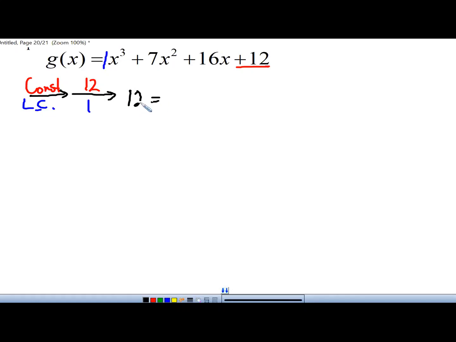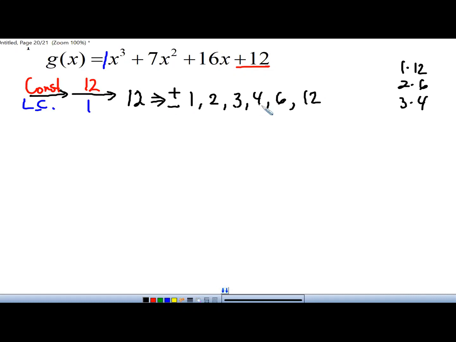All right, next we find all the factors of 12. 1 times 12, 2 times 6, 3 times 4, 4 times 3, and then they repeat. So I list all my factors in order from least to greatest: 1, 2, 3, 4, 6, and 12. All these could be possible zeros, either positive or negative.